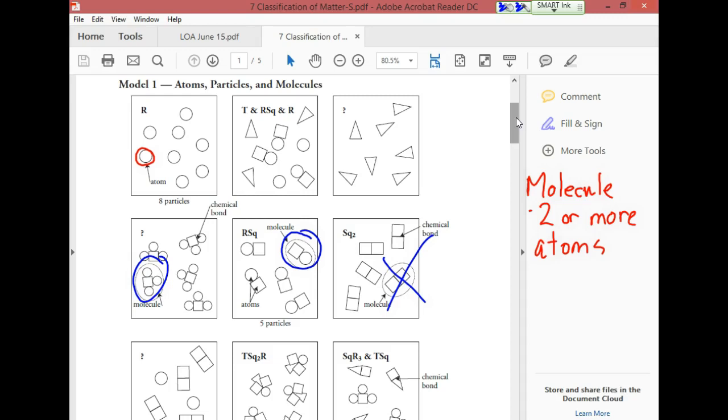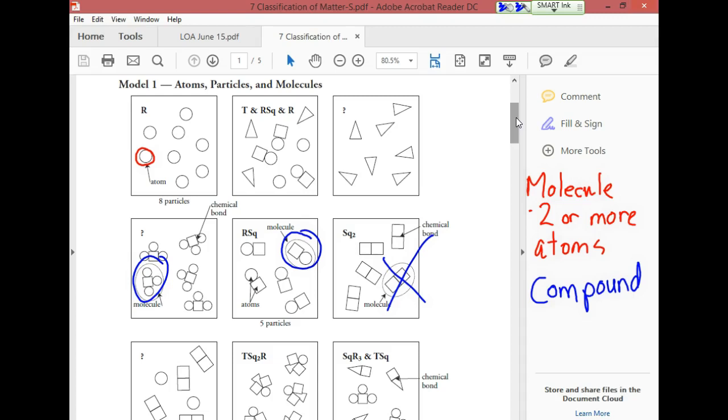What is the difference between a molecule and a compound? What's the key word, Dana?